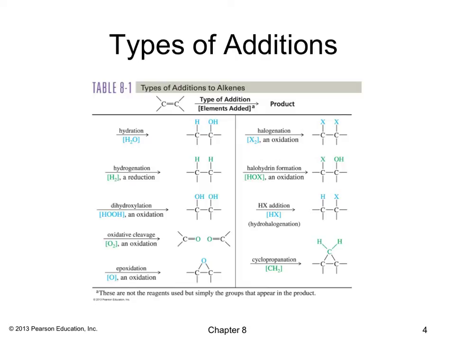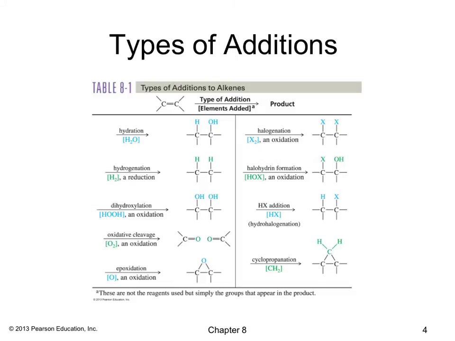You can do dihydroxylation, in which we're adding a peroxide across, and this is an oxidation. You can do an oxidative cleavage, in which you change that double bond and make it into, in this case, ketones or aldehyde, depending on what's attached to your carbon. You can do an epoxidation, where you take that double bond, add an oxygen to generate an epoxide.